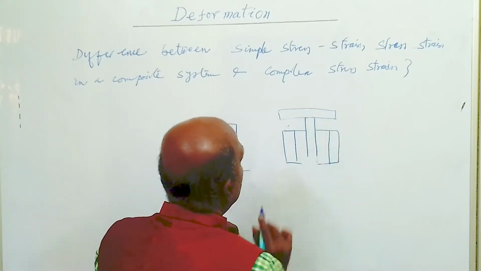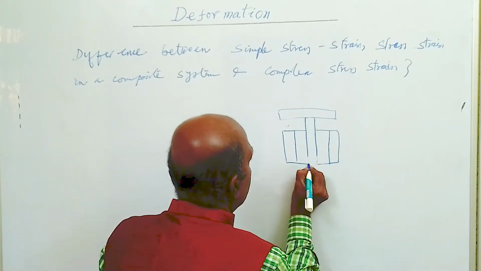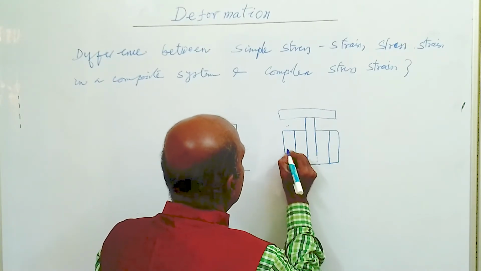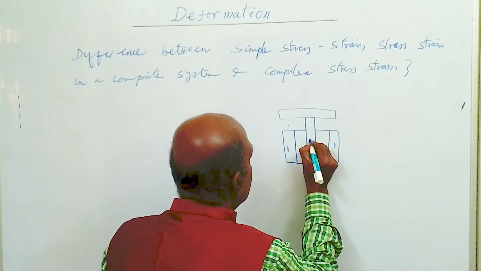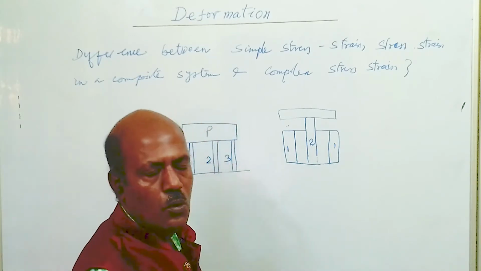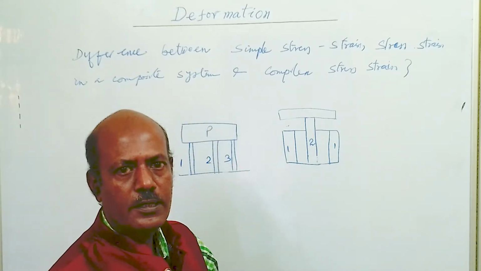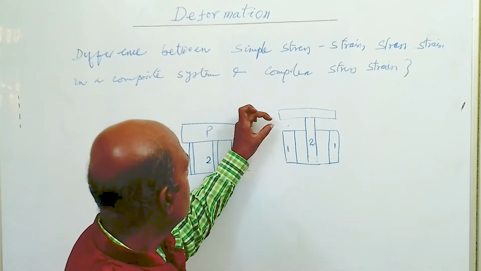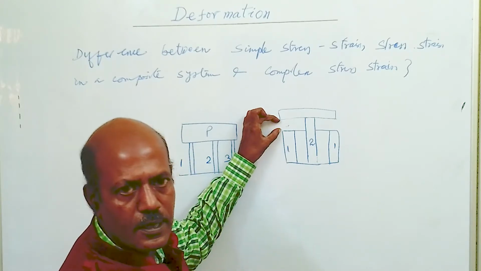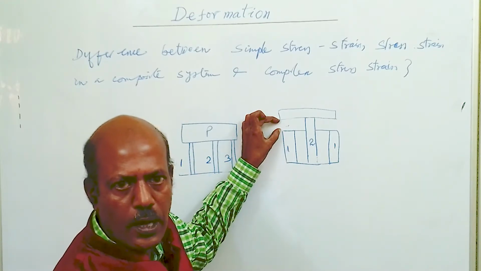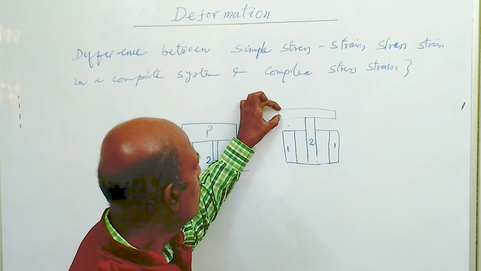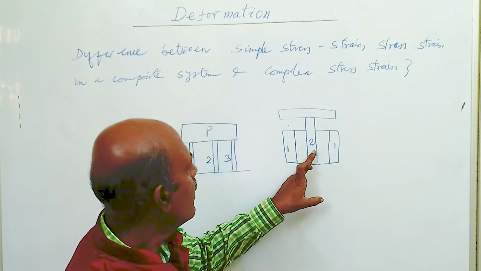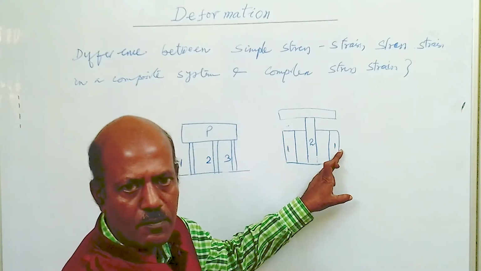Now the load is taken only by, say, this is the bar 1 and this is the bar 2. The whole load is taken by bar 2 until the deformation has taken place in bar 2. After that, this load will be shared by the first member as well as the second member.